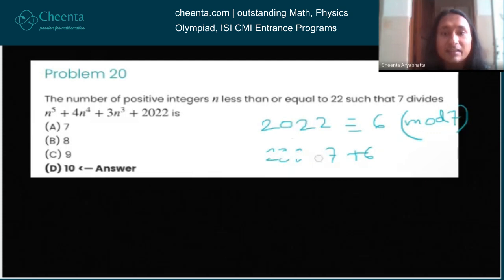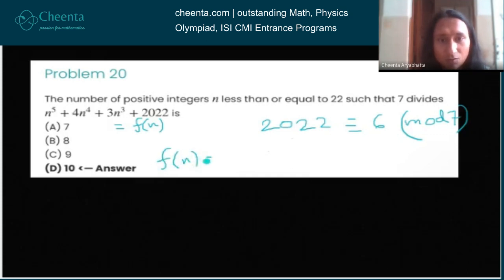Let's call this quantity Fn. Therefore, Fn is congruent to n to the power 5 plus 4n to the power 4 plus 3n cubed plus 6 modulo 7.